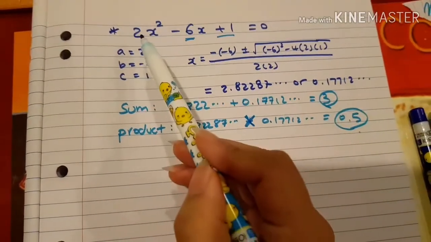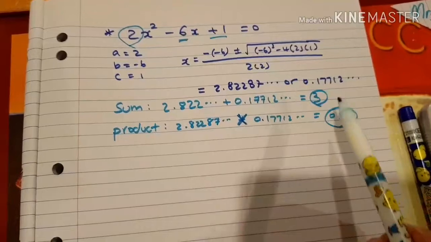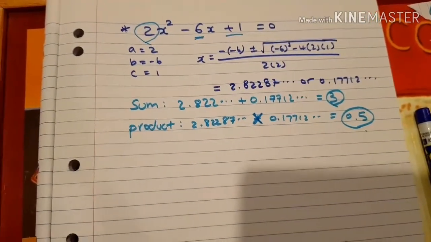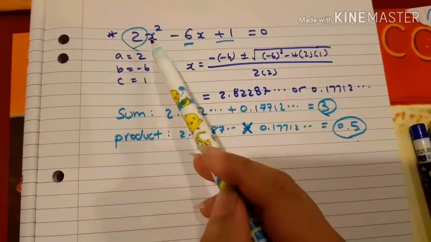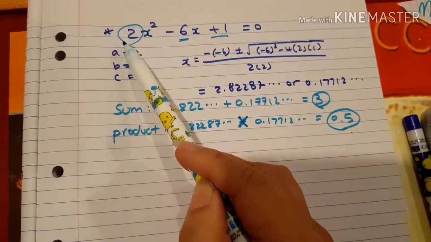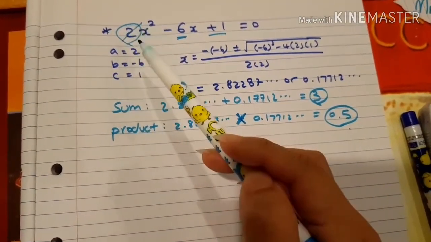When I had a coefficient in front of the x squared, I didn't really get the same number that I was after, right? So let's have a go and make the coefficient 1. So what happens if I divide this by 2 and get rid of it?